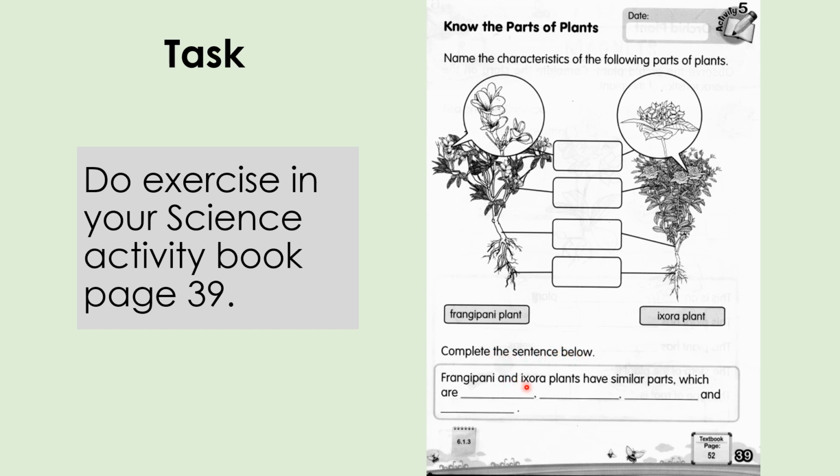Frangipani and Ixora plants have similar parts, which are, you have to list all the similar parts in the space here. You can find the answer from the boxes that you have filled.